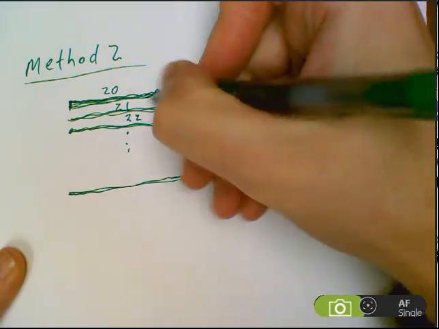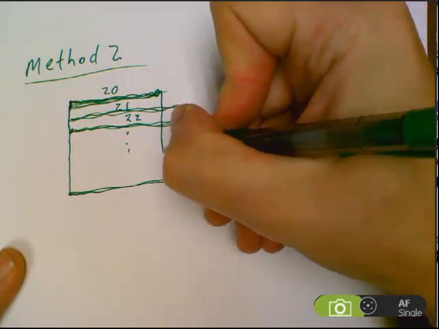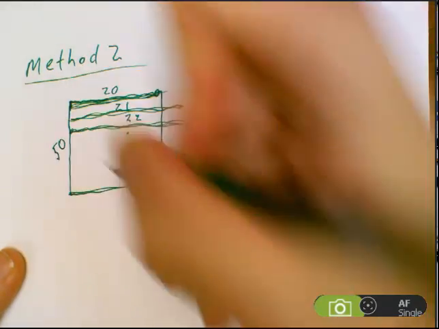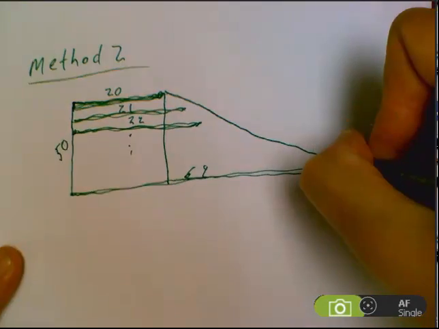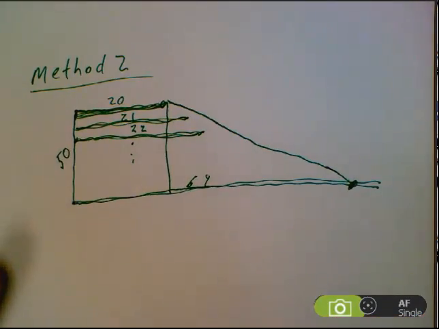So if we think of this now as being a rectangle right here with 50 rows, and then over here we've got a kind of a triangle. My sketch isn't that great, but it's okay.